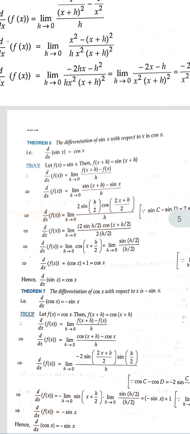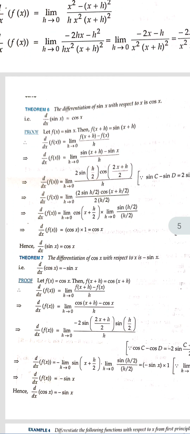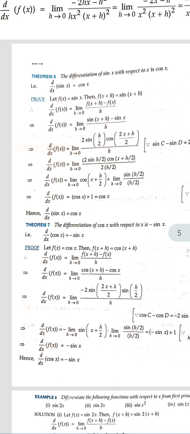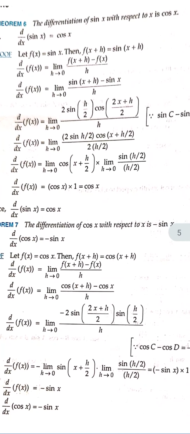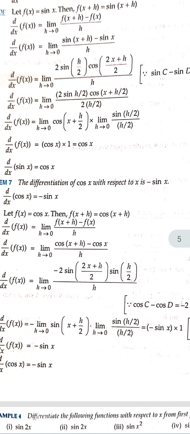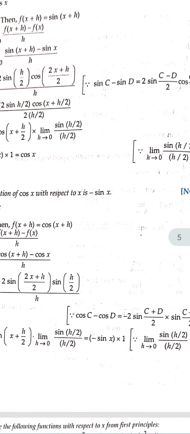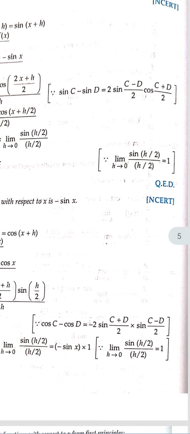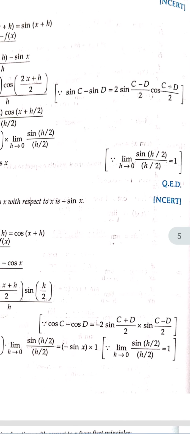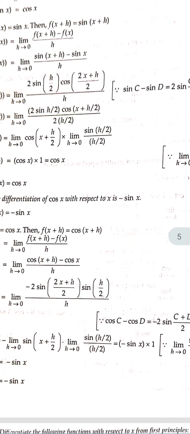Consider the function f(x) is equal to sin x. Then f(x plus h) is equal to sin (x plus h). Then put the values in the function. We get sin (x plus h) minus sin x upon h. We note that sin c minus sin d is equal to 2 sin ((c minus d) upon 2) cos ((c plus d) upon 2). Equating according to the formula, we solve it. We get 2 sin (h upon 2) cos ((2x plus h) upon 2).